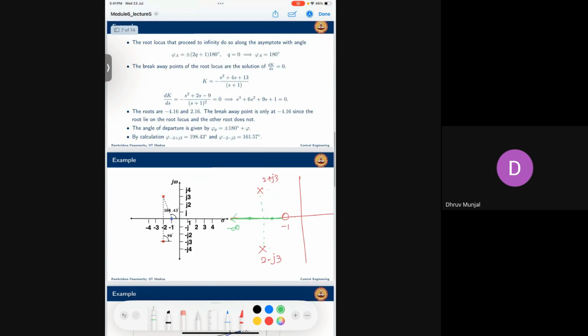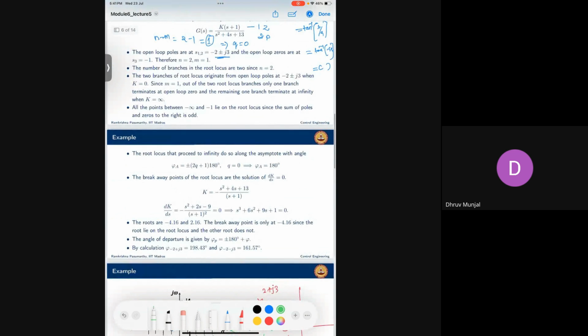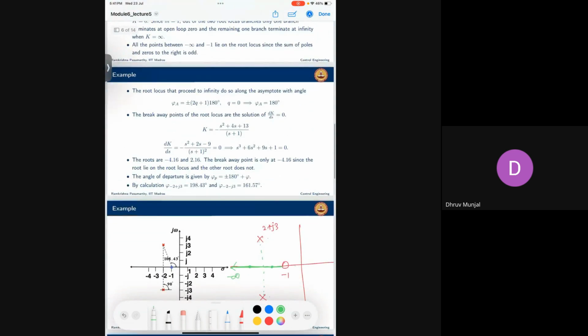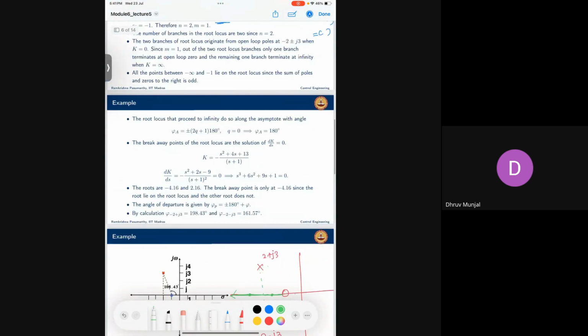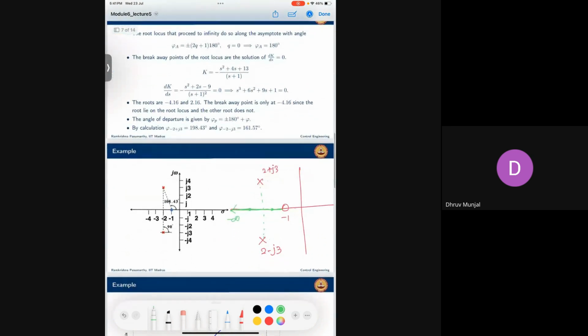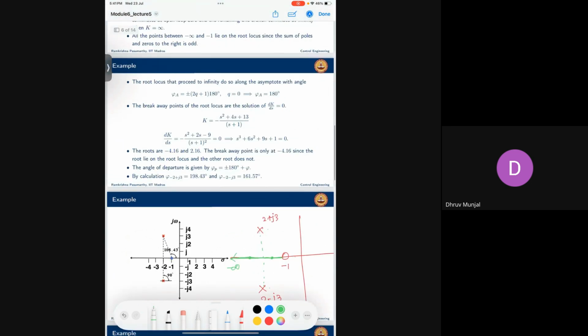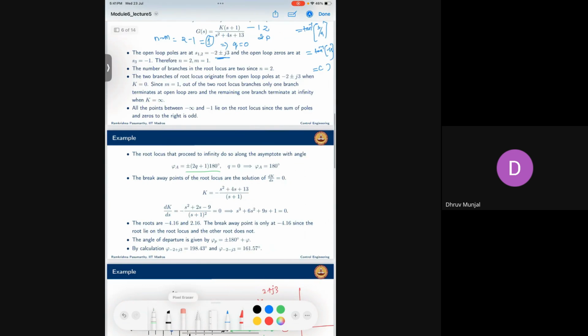The second rule is satisfied. And the third rule, what you can do is check this. Third rule also satisfied. And the fourth rule is finding the asymptotes, at what angle your root locus is going to travel. So for finding the asymptote, this is the formula. Already we calculated q equal to 0.